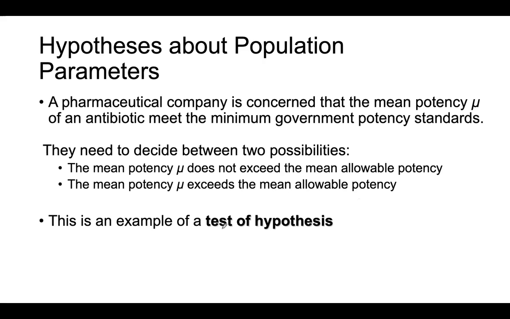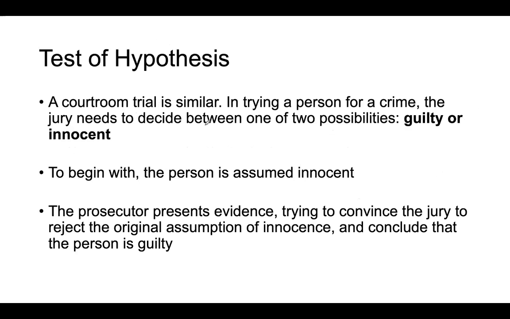This is just an example of a test of hypothesis. You can think of it as a vaccine: did it meet the allowable criteria for safety standards, etc.? So we can relate it to things that are happening in the real world.